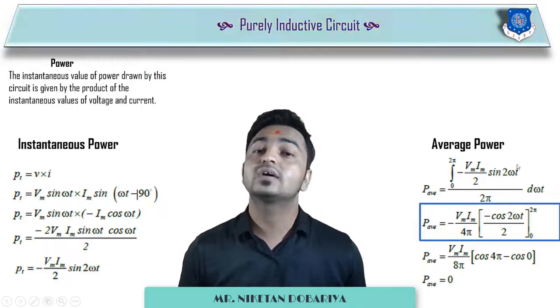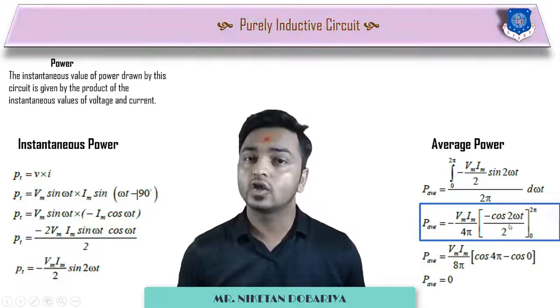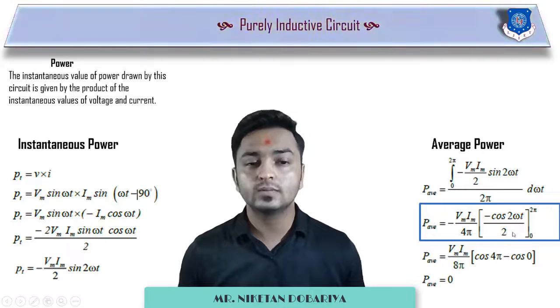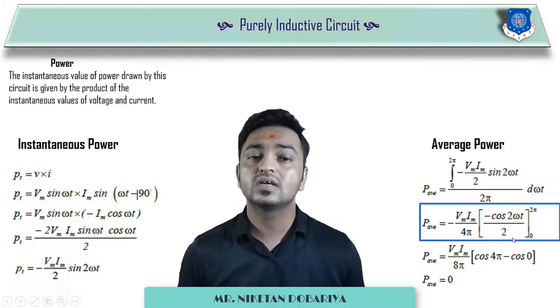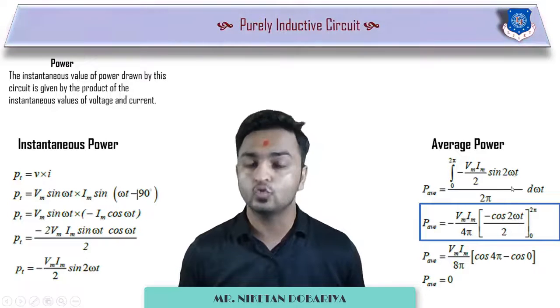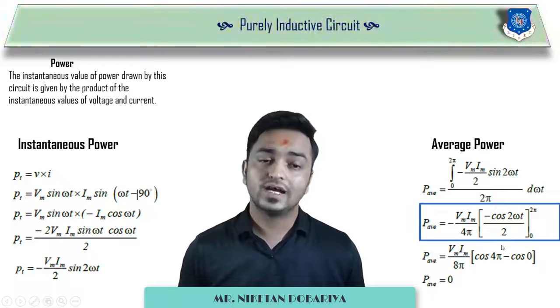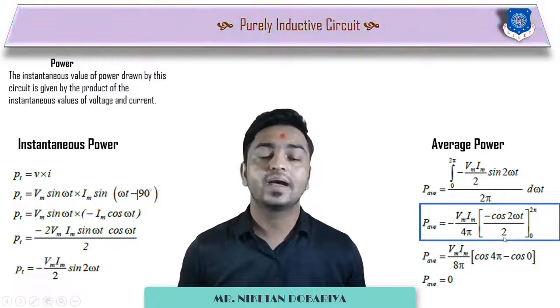Now we have a sin 2 omega t term. If we integrate this term, that will provide a cos 2 omega t term with a minus, and since in omega t we have a multiplication by 2, that is going to be in division, and that's why we have this term from the integration.